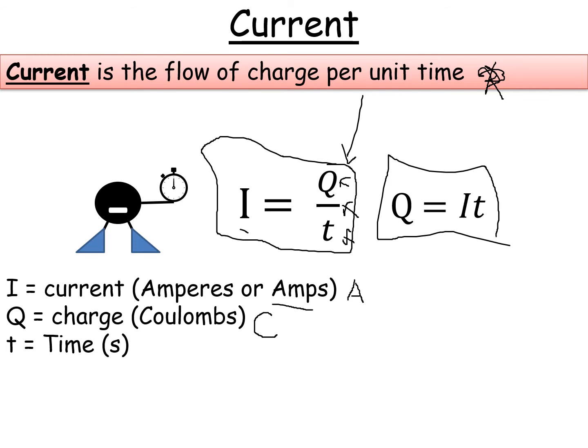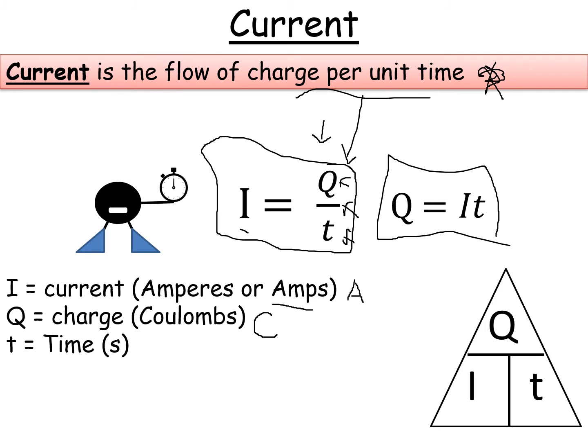Current is equal to the charge per unit time. Okay, so if you can't remember the word definition, you can always go to the equation and figure it out from there. Now, I know some of you quite like having the triangle, so that's a triangle there. I would recommend you copy that down because we're going to do some worked examples.